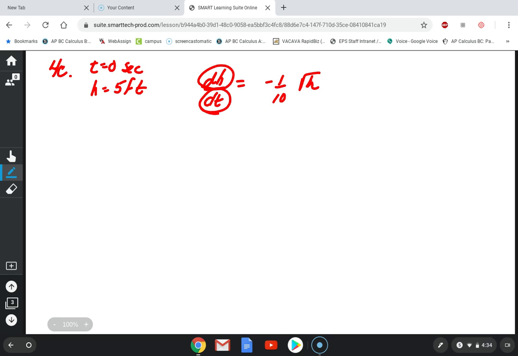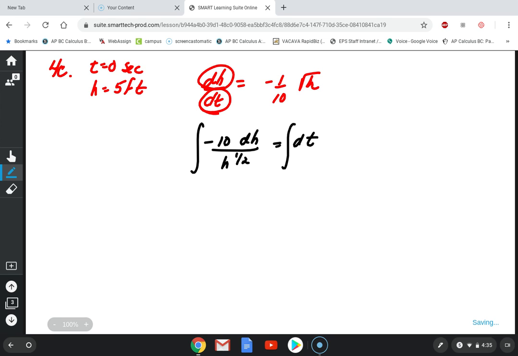So I am going to multiply both sides. I'm going to have negative 10h to the 1/2 dh. I'm going to take that back, excuse me. I'm going to have negative 10 dh over h to the 1/2 in the denominator equals dt. And now I'm going to integrate both sides.